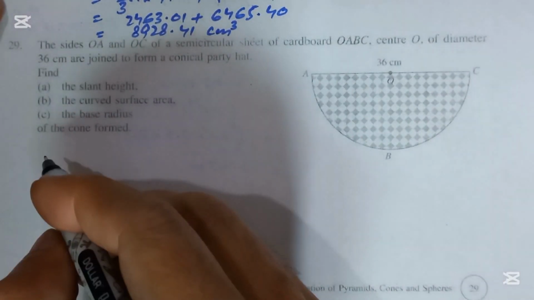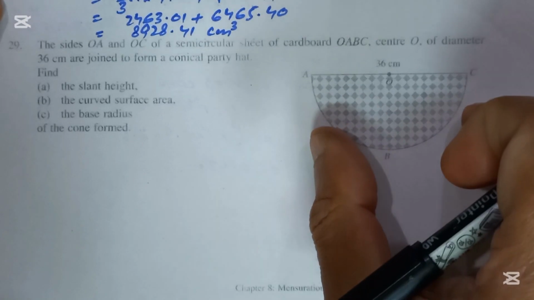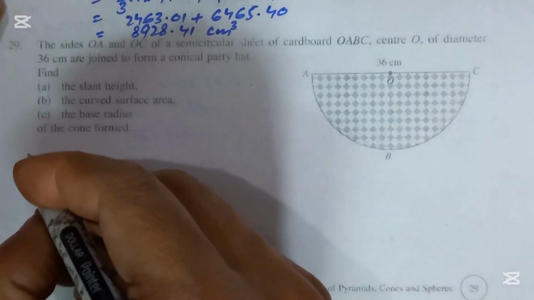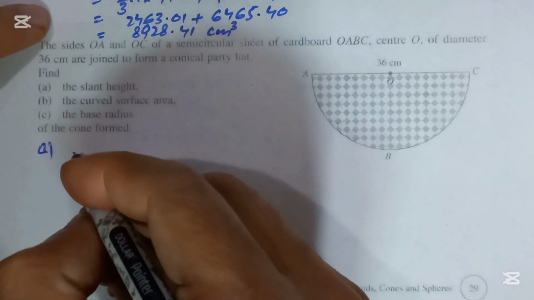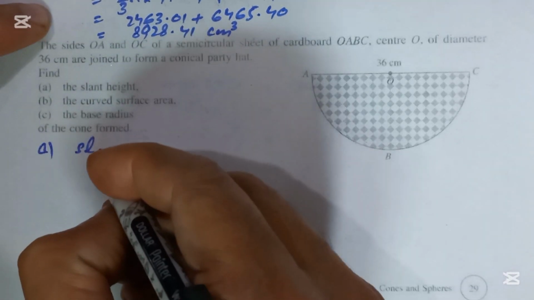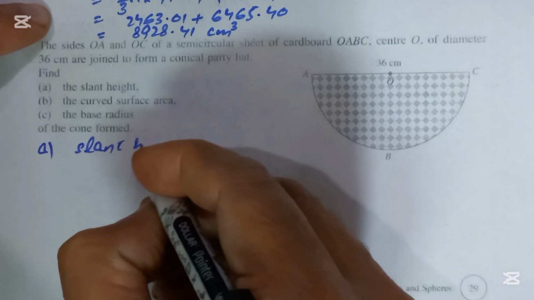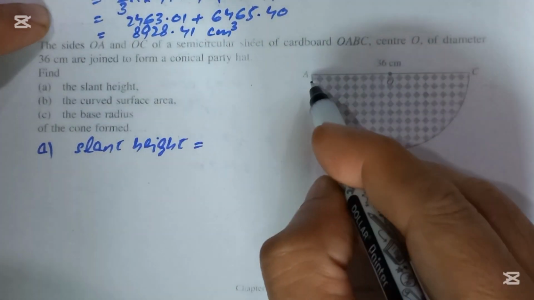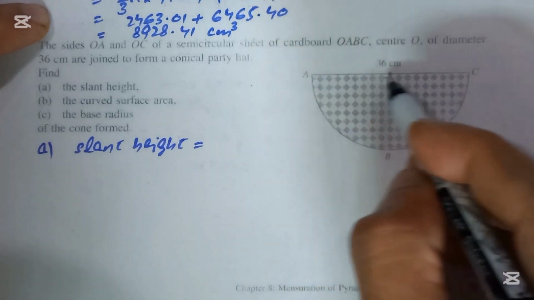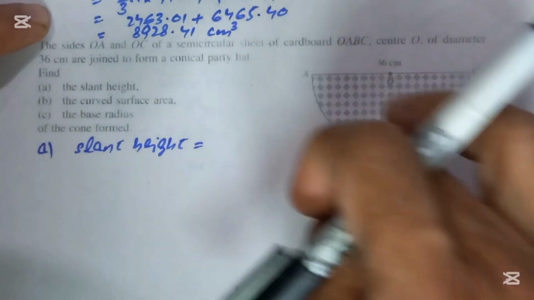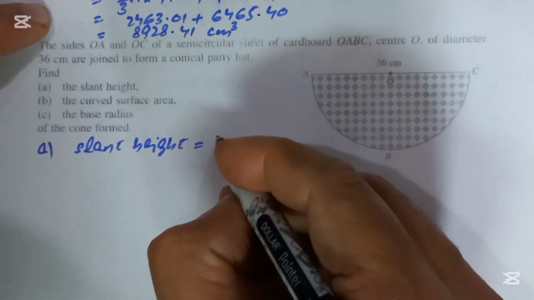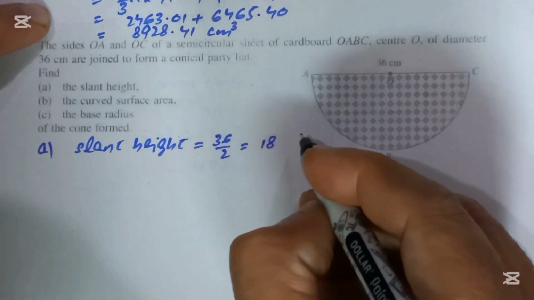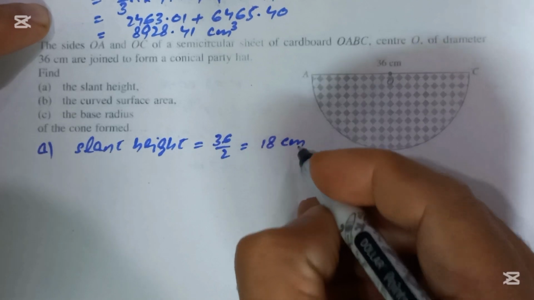Okay, the method when net is given and requirement of the cone is to find the slanting height: slant height is the half of the diameter of the net. That will be equal to 36 divided by 2, that will be equal to 18 centimeter.